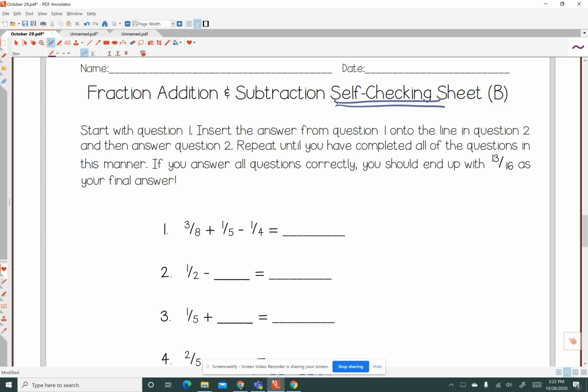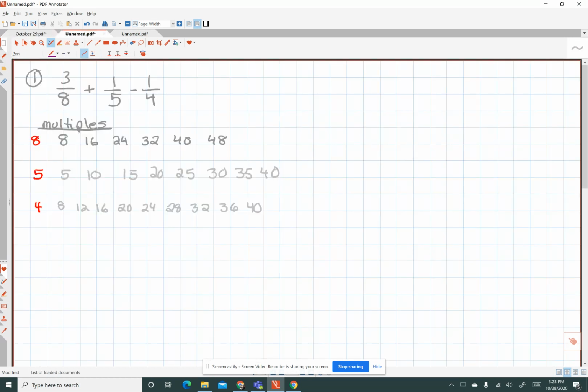Let's choose a nice bright color to start. Now we have 3/8 plus 1/5 minus 1/4. I thought we'd need a little more room to do this problem. So the first thing we need to remember is that you can only do a couple things at a time, okay?